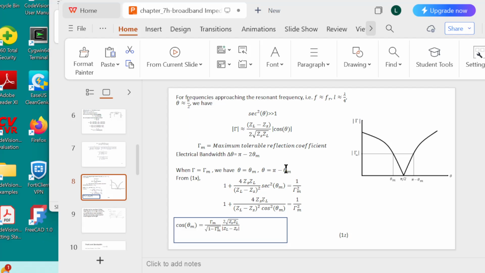So using the previous equation that we developed on the previous page, we can substitute gamma as gamma m and beta as beta m in this formula, and we can rearrange and extract cosine beta m, and the formula is that simple.